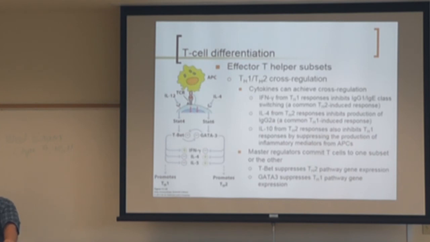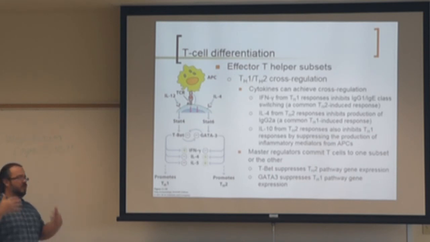Again, for effector T cell subsets, for example Th1 versus Th2 cross-regulation, the same stimuli that promote a Th1 are going to inhibit Th2. And those Th2 cytokines like IL-4 are going to inhibit the Th1 response.